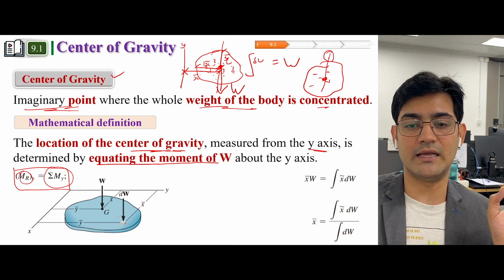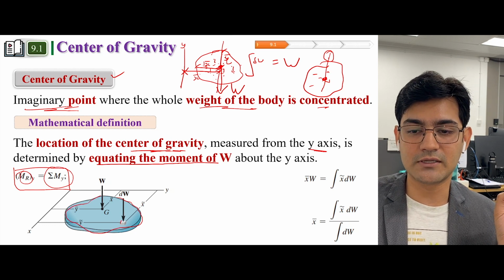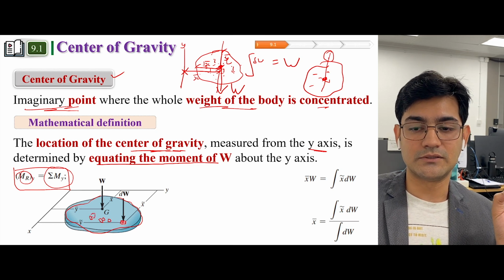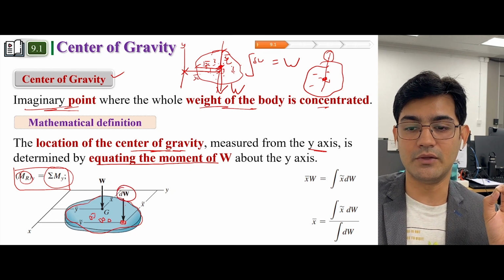Now, how to equate? Let's just say this is the same two-dimensional rigid body, and this rigid body is composed of many particles or points. All these particles will have a weight dW.